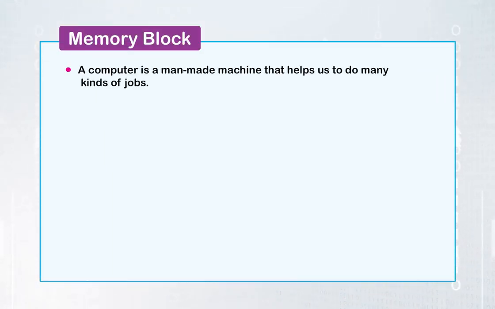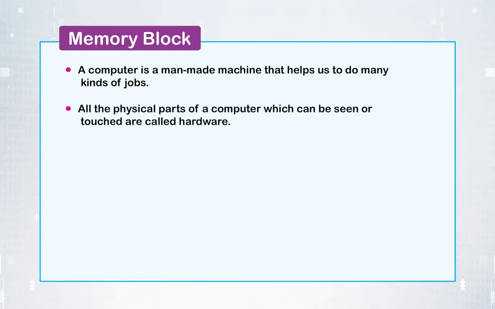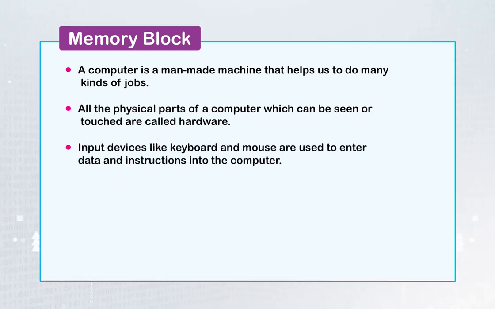Memory block. A computer is a man-made machine that helps us to do many kinds of jobs. All the physical parts of a computer which can be seen or touched are called hardware. Input devices like keyboard and mouse are used to enter data and instructions into the computer.